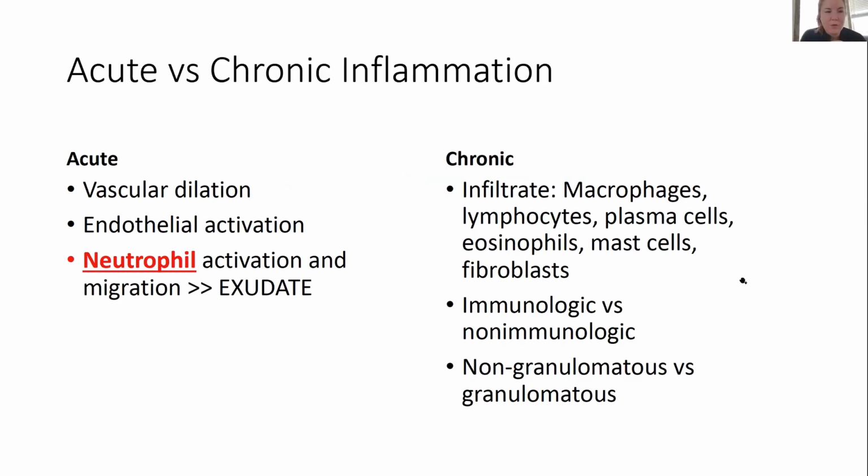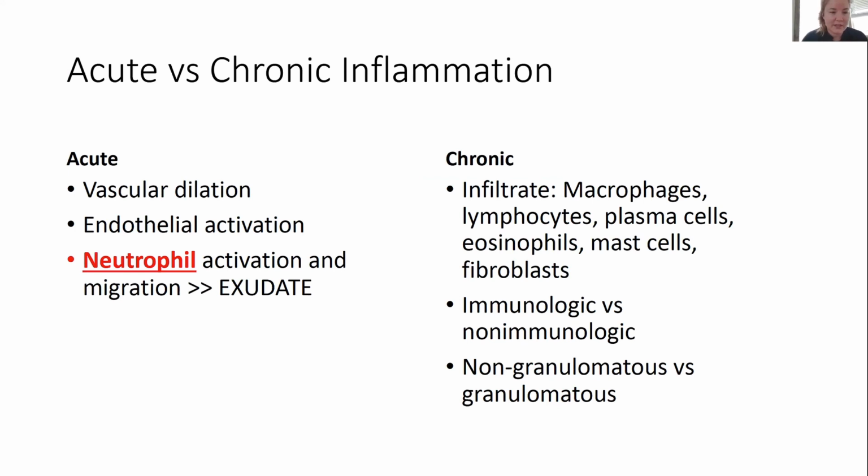So whenever you see that picture, and that picture is going to be on a slide in a couple of slides, but this is just kind of my intro because I wanted to do a comparison. Whenever you see an exudate, whenever you see something purulent, it's always neutrophils, because neutrophils are going to be that first cell that comes to a bacterial infection. So anytime you see a pus-filled anything, it's always going to be neutrophils.